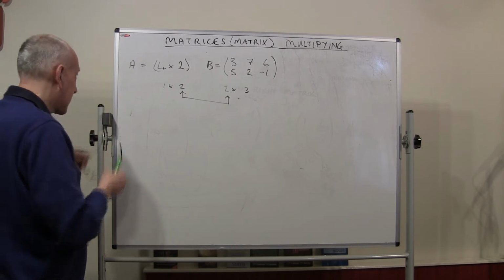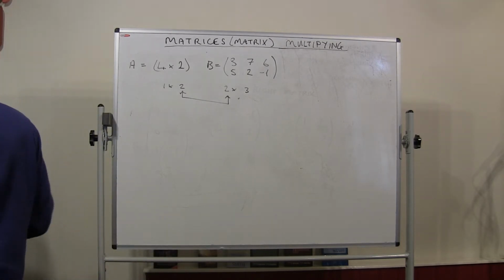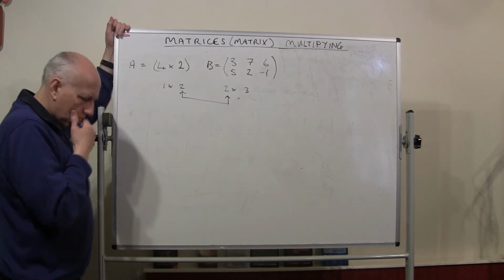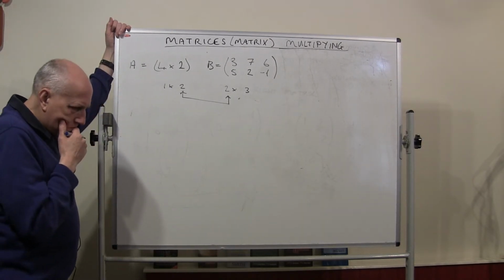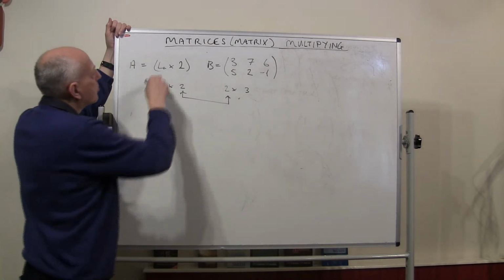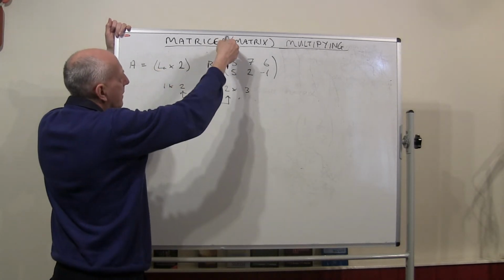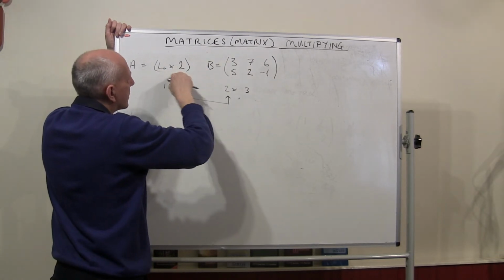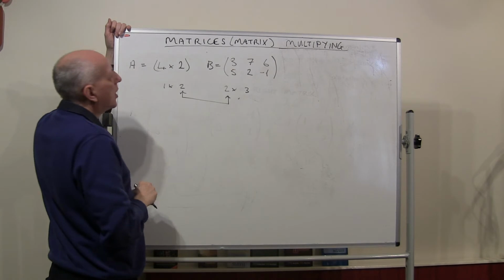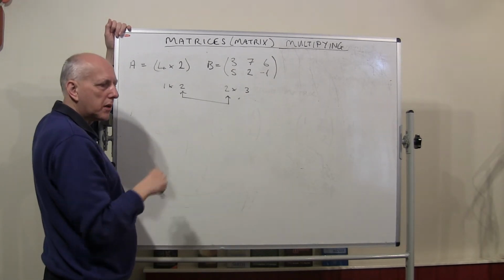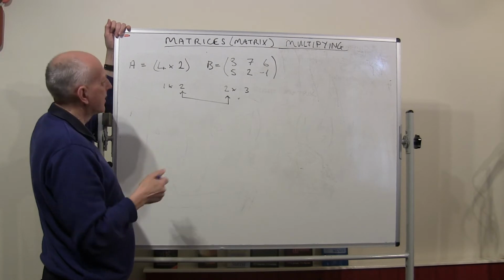So the technique is, do it in a different colour. The only way you can do it is to do it, really. What we're going to do is take this and multiply it by this column here, and then take this and multiply it by this column, then take this and multiply it by this column. But it's not like cross multiplying when you're multiplying out brackets, for example.